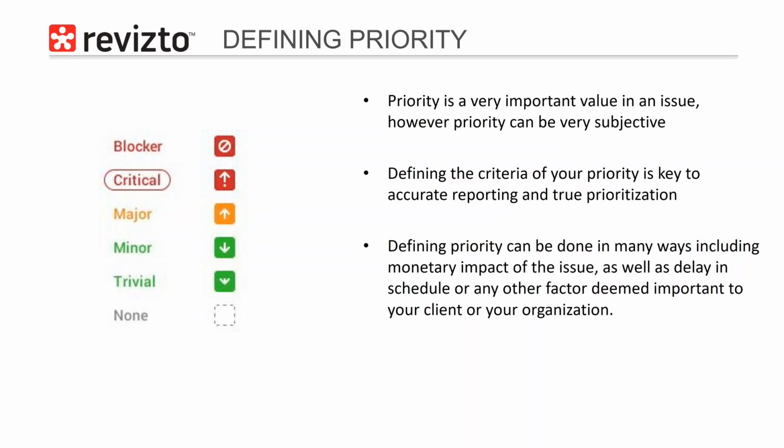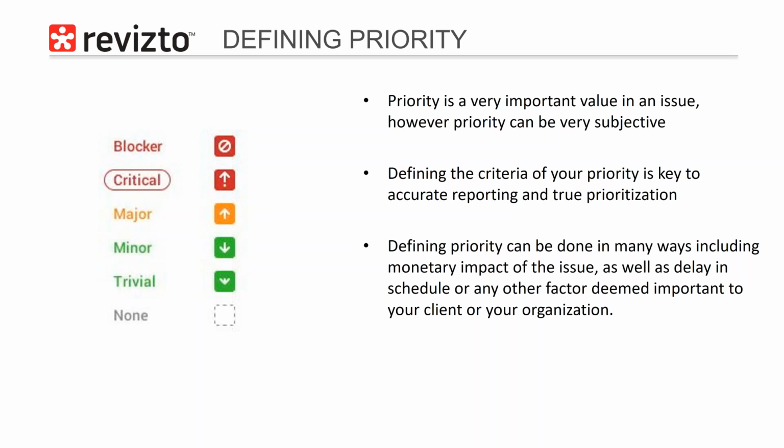Now, that is up to your organization and is very flexible. And obviously, the priorities of an issue on a $500 million project are going to be much different than the priorities on a $25,000 project. And we want you to take that into consideration.